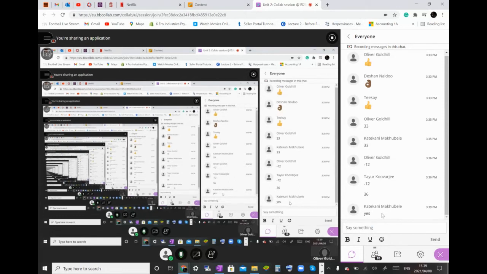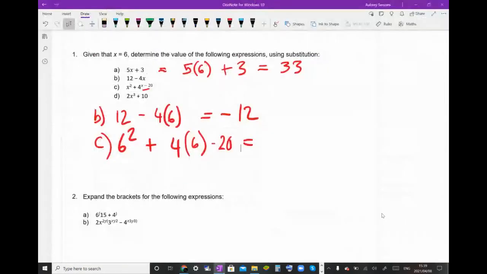Can we leave it just at 36? I see you saying yes. 6 to the power 2 is what? 36. And then 4 times, yes, 4 times is going to be 24.